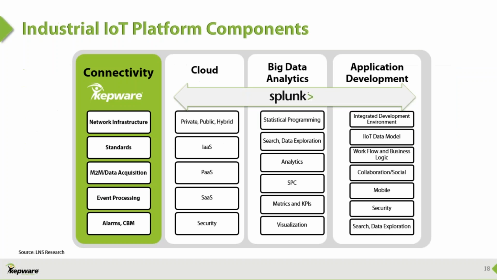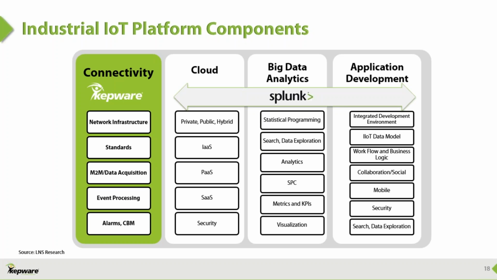So next. And just to piggyback on that, LNS, which is one of the research firms that Kepware uses, defines an IoT platform through its components. Four major components: connectivity, cloud, big data analytics, and application development. Kepware is obviously just the connectivity piece.